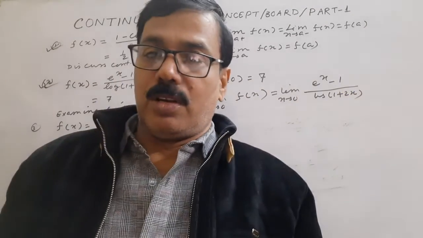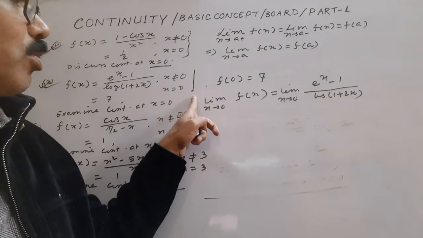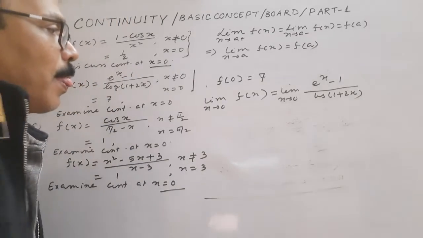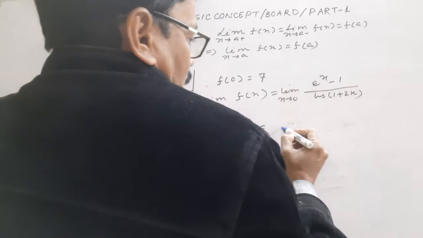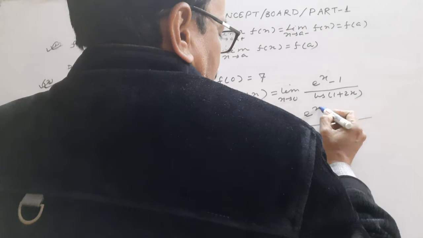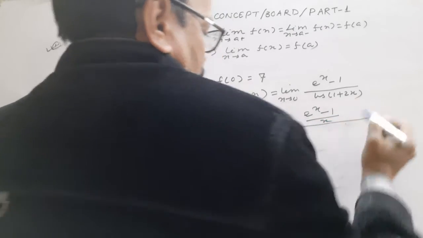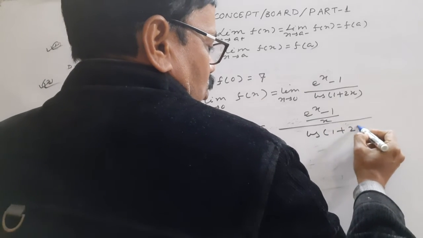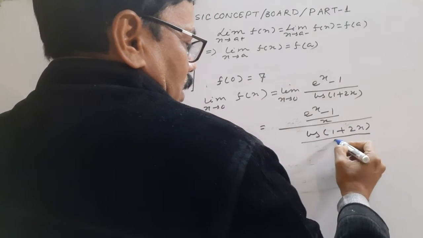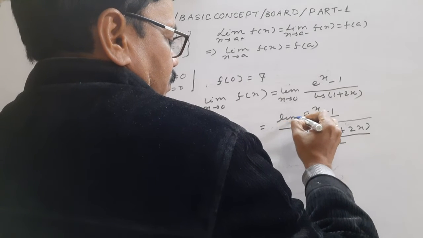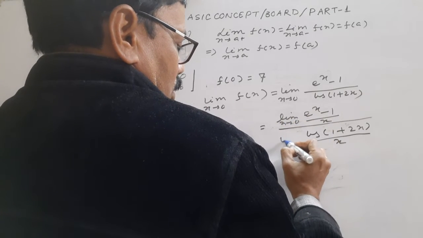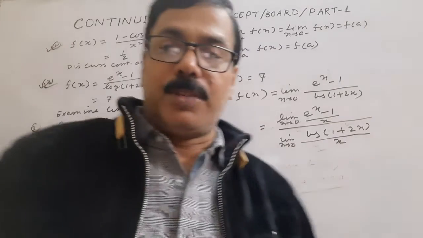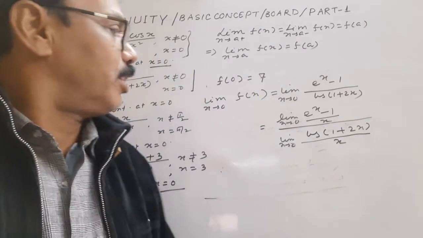Now try to recall. It is the not equals to 0 condition, that is why we are using the second definition. Now try to recall the standard result. E to the power x minus 1, if it is divided by x, then you get a standard result. Log 1 plus 2x. So log 1 plus x by x is 1. By the fundamental limit theorem, you can take the limit of the numerator and the limit of the denominator.